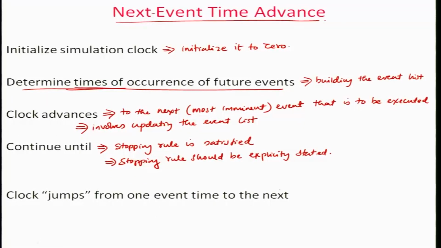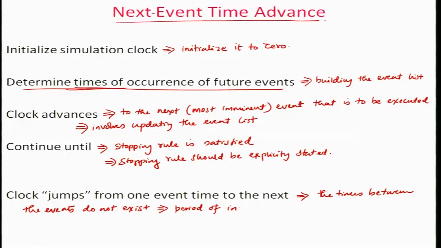Then the clock jumps from one event time to the next event, which means the times between the events do not exist. Okay, which means the period of inactivity is ignored.